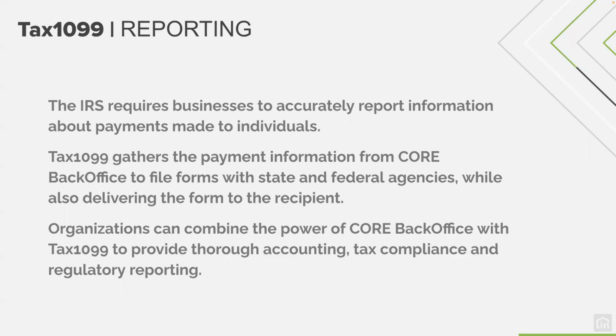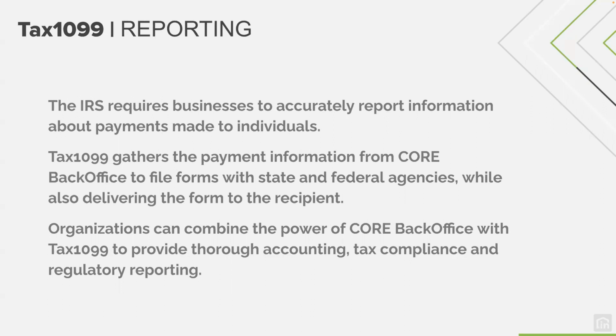It doesn't matter. Whatever the amount is, that amount is accumulated across the payments that you make to that vendor through core back office. What happens next is pretty cool, and Karina is going to show you this, and then I'll show you a second portion of it. But we just take that information that you've been collecting throughout the year.